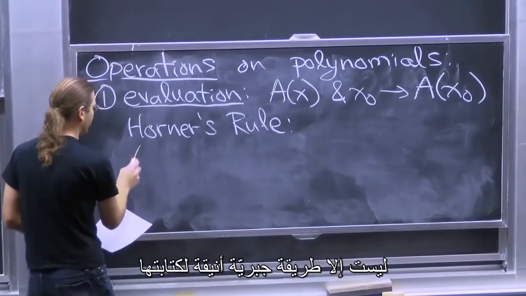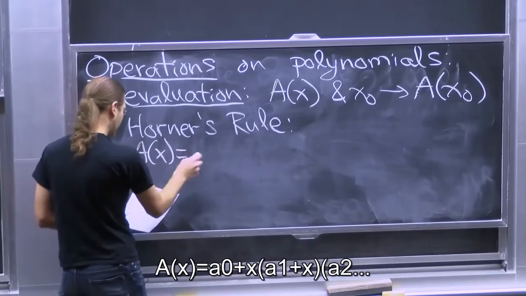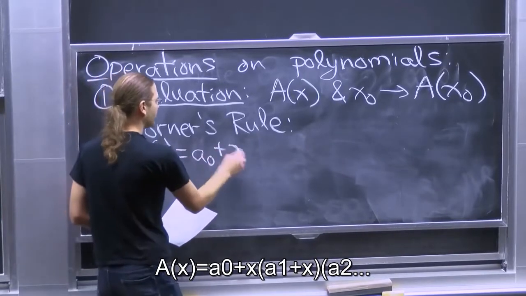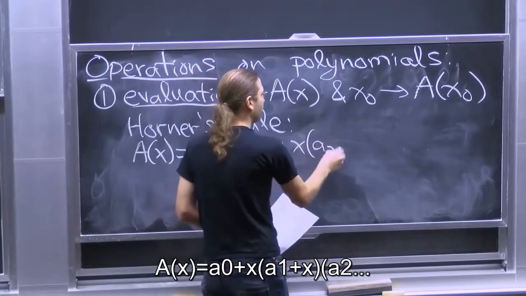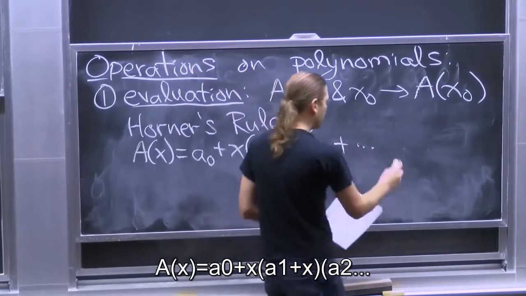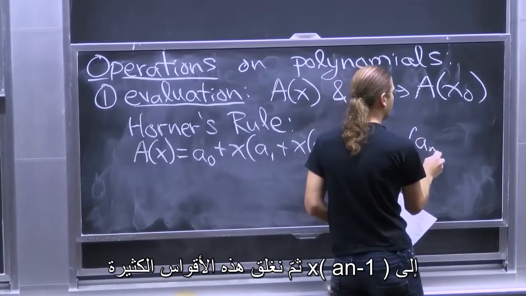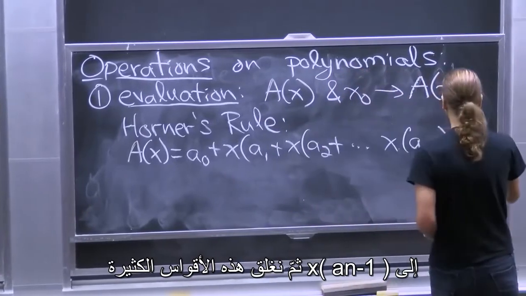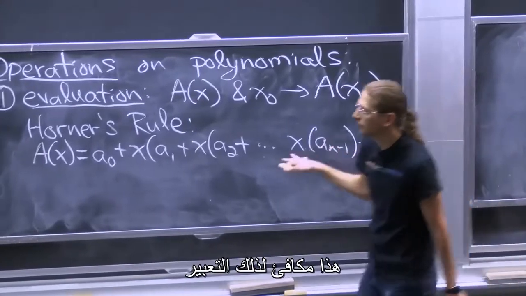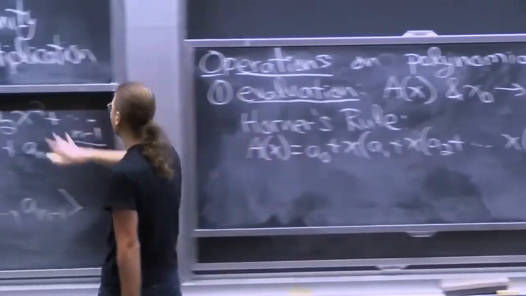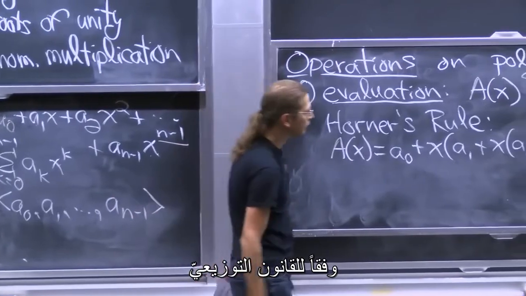This is just a nice algebraic way of writing it. A of x is the same as a0 plus x times (a1 plus x times (a2 plus, and so on, x times a_{n-1})), and then lots of closed parentheses. So this is, of course, equivalent to that expression by the law of distribution.